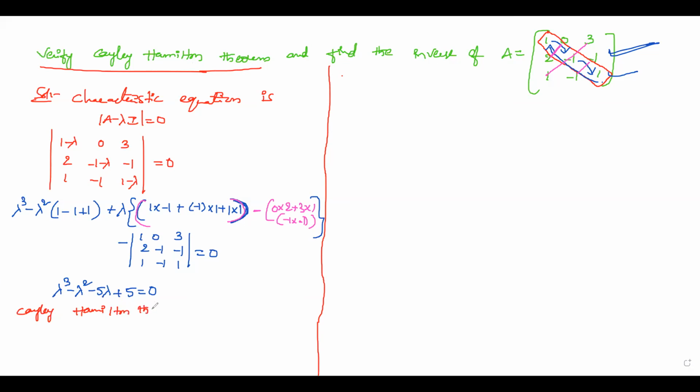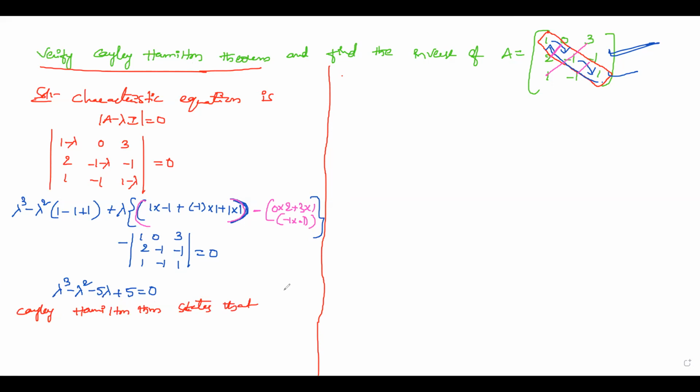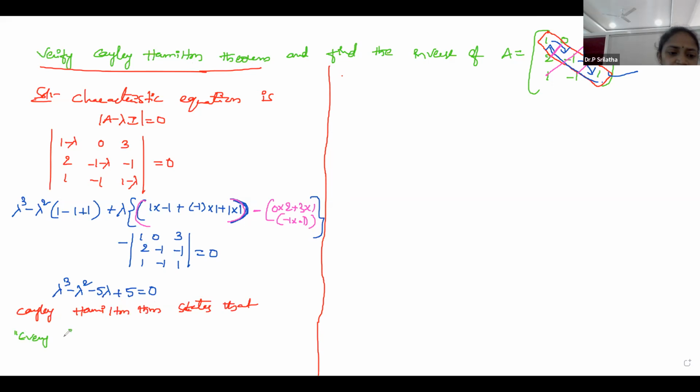Cayley-Hamilton theorem states that every square matrix satisfies its own characteristic equation.